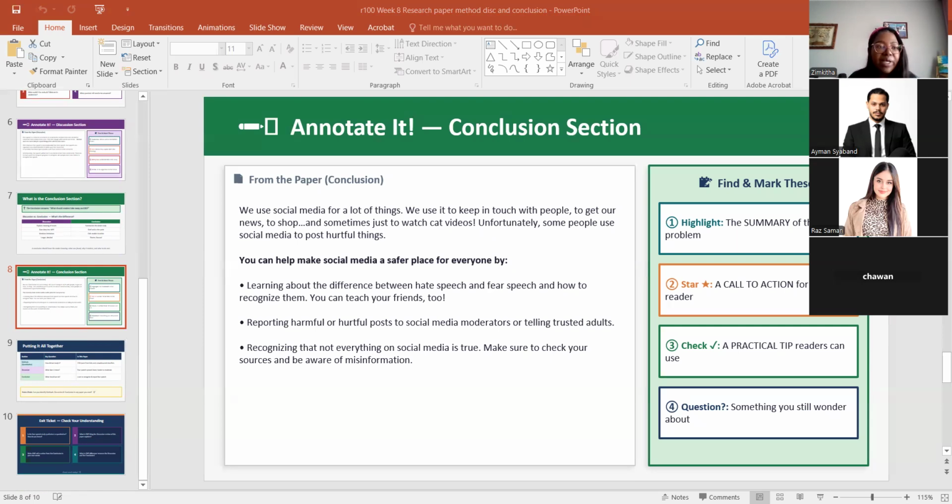It was the Reading 100 Week 8 research paper, methods, discussions, and conclusion worksheet. The first question says, read the caption and determine if the methods are qualitative or quantitative.